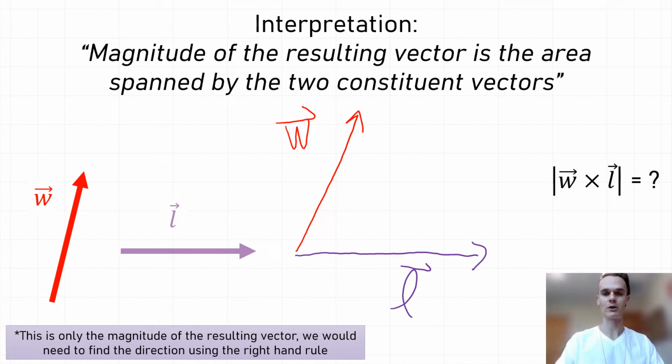So let's draw our third side. If it's the other side of a parallelogram, it's going to look something like this. And our fourth side, if it's a parallelogram, is going to look something like this.